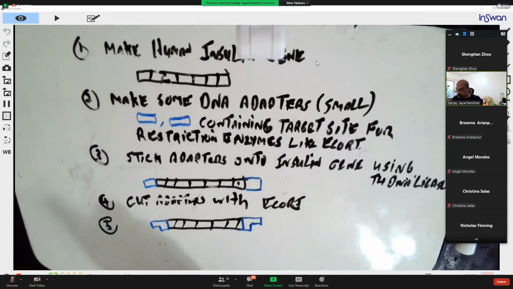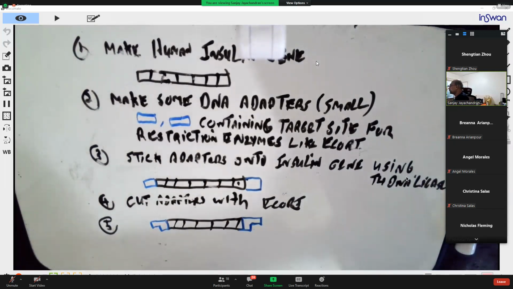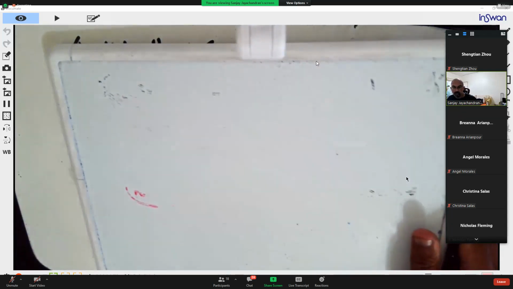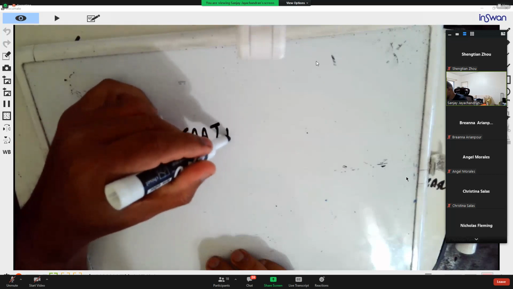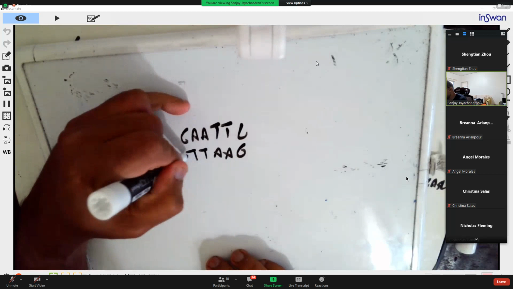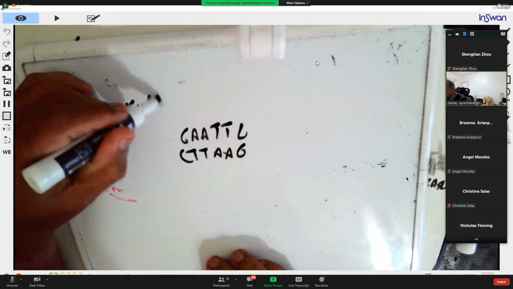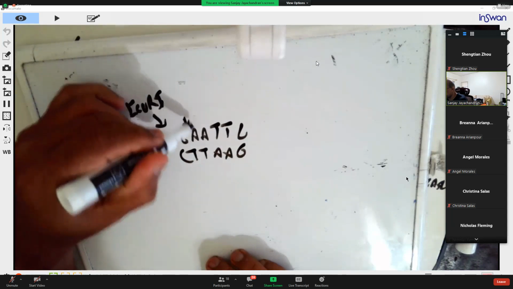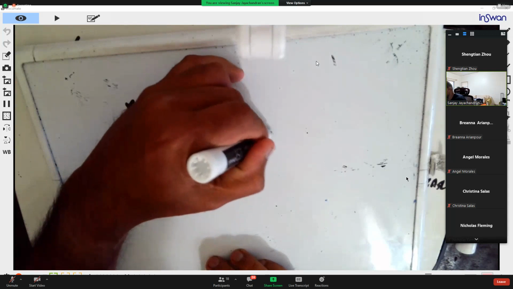Okay, so remember what this L shape is, okay? So here's my restriction site. Okay, so the EcoR1 is going to cut here and here, and it's going to give me two pieces, right?